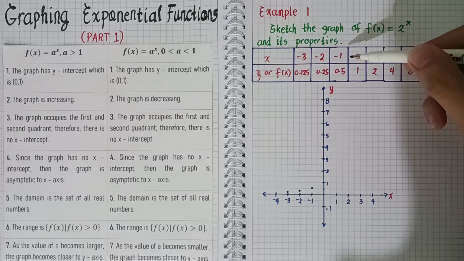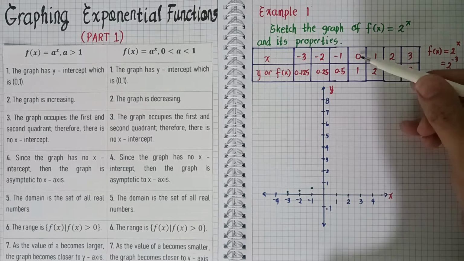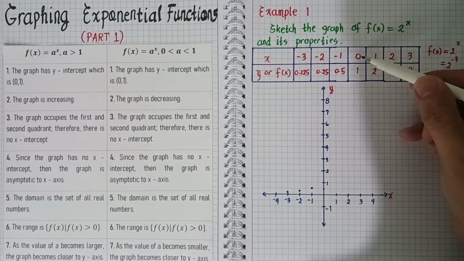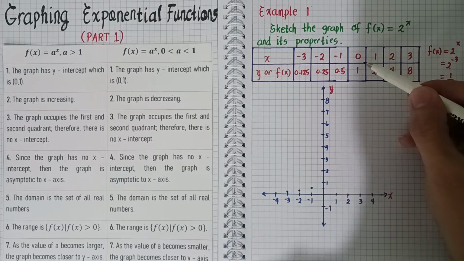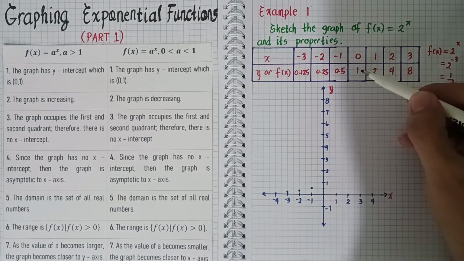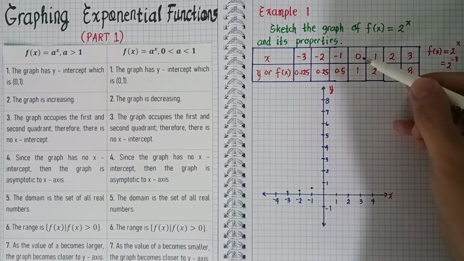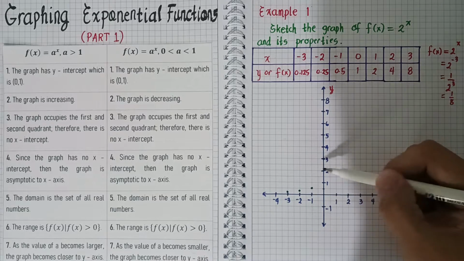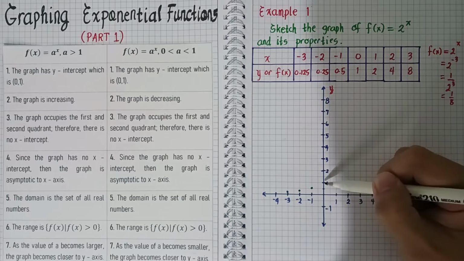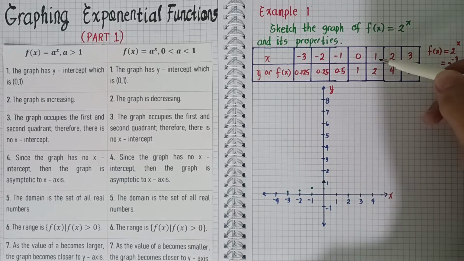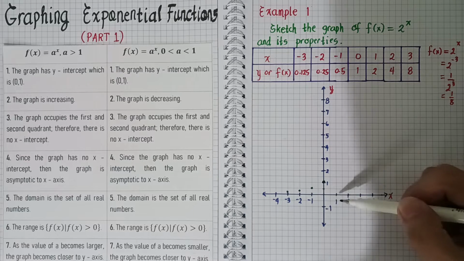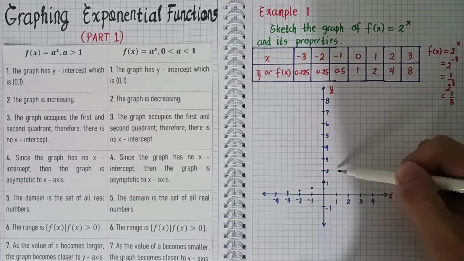Okay? So, yung plotting ng mga coordinates natin. And then, 0, 1. Okay, your x is 0, your y is 1. Okay, walang value yung x natin. And then, pero we do have the value for y. So, which is 1. So, 0, 1, saan siya mapupunta? Along the y-axis. So, nandito siya, guys. So, 0, 1. Okay? And then, your x is 1, your y is 2. Your x is 1. Ito yun, your y is 2.